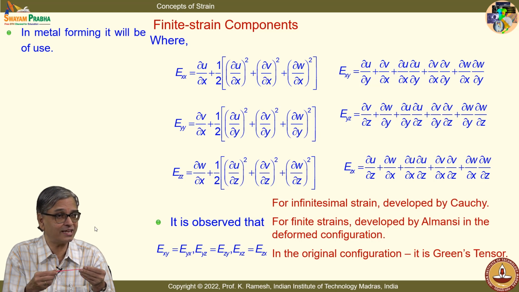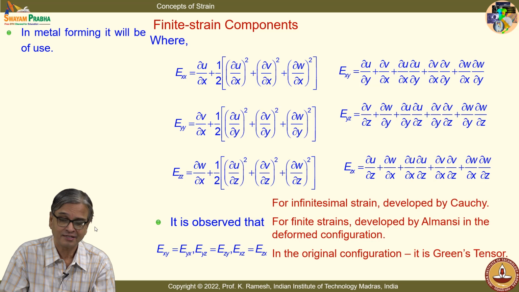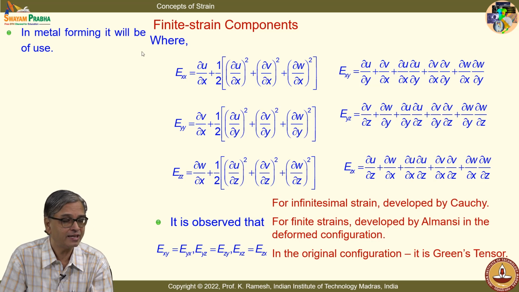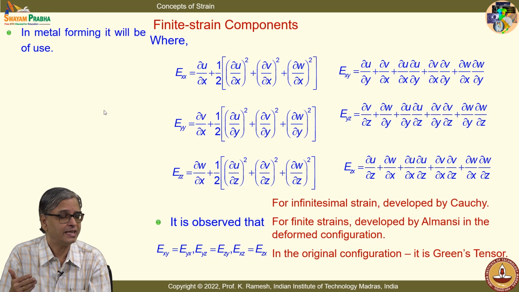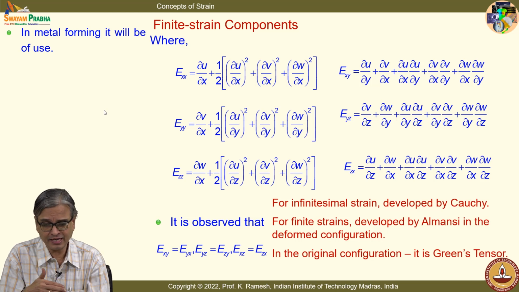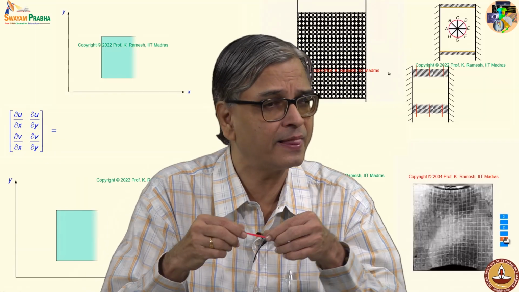And we have also seen how a gudgeon pin is formed. So, in metal forming it will be of use, and people also develop incremental plasticity theory and so forth. In metal forming, even the level of strain is much less compared to what you see in the case of a rubber.